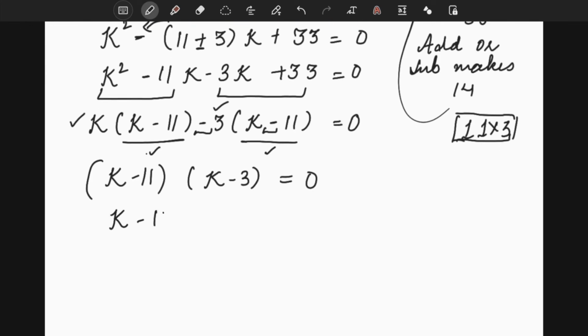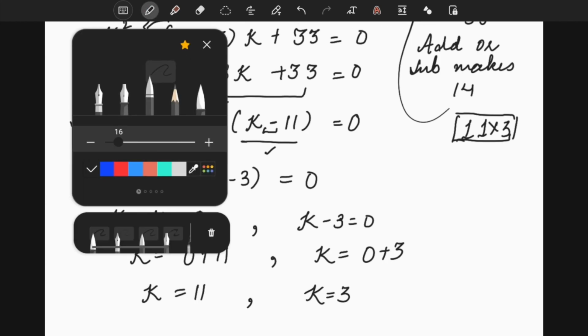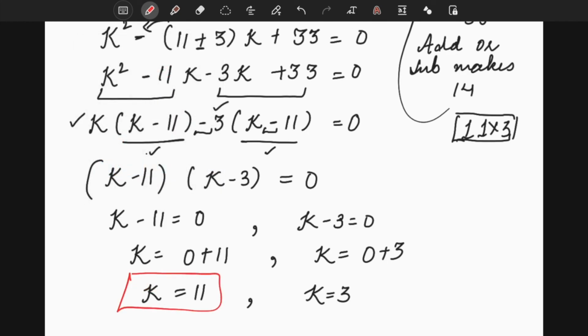Okay, we'll put this equal to 0 and this equal to 0. So 0 plus 11, 0 plus 3, k is equal to 11, k is equal to 3. This is our final answer. Two values of k.